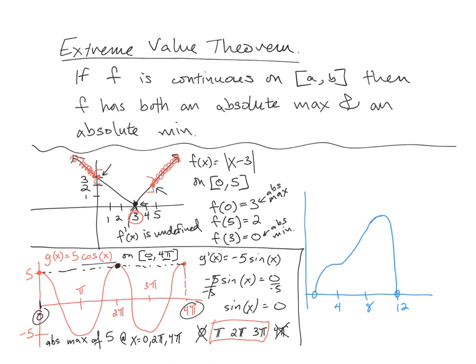So if we knew the function equation for this h of x here, I would be able to find the derivative, and we would get a critical value at x equals 10 and at x equals 4. So these both would be critical values.